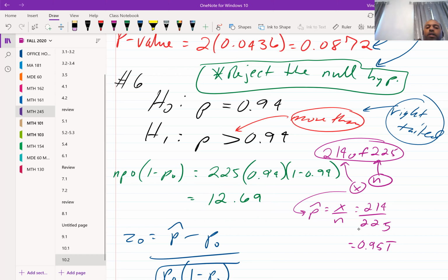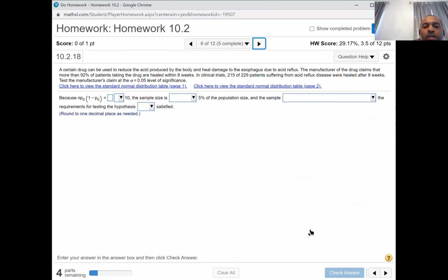So before we go back to the problem, make sure we're good with what was said. All right, so let's go back to the problem. Let me go ahead and do this because I want to show you the wording.